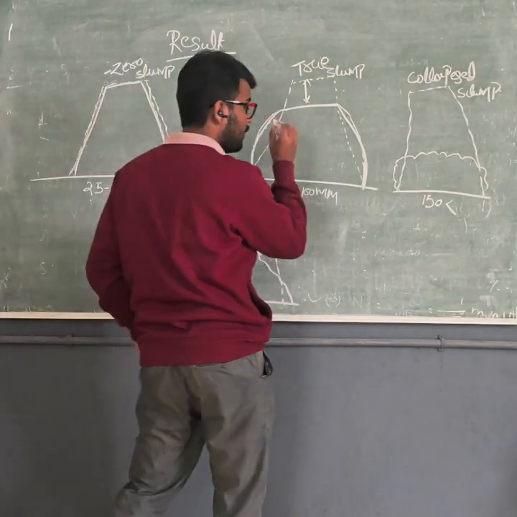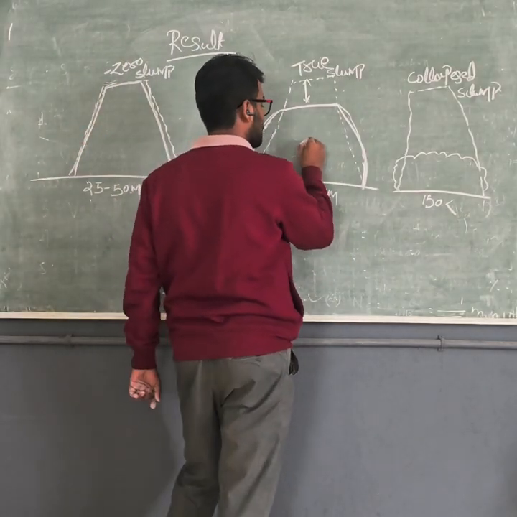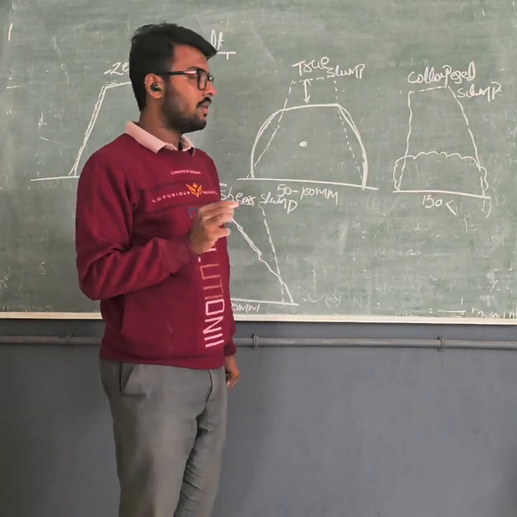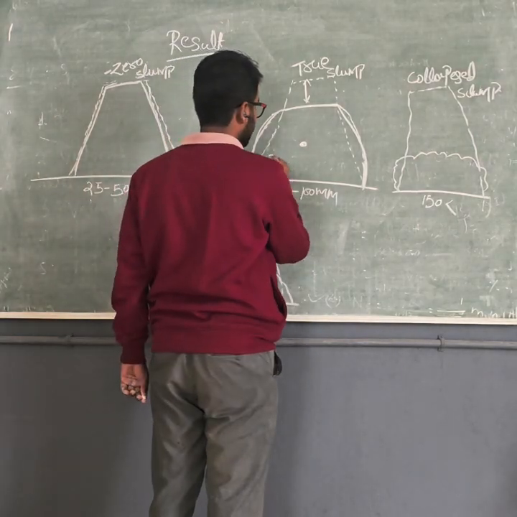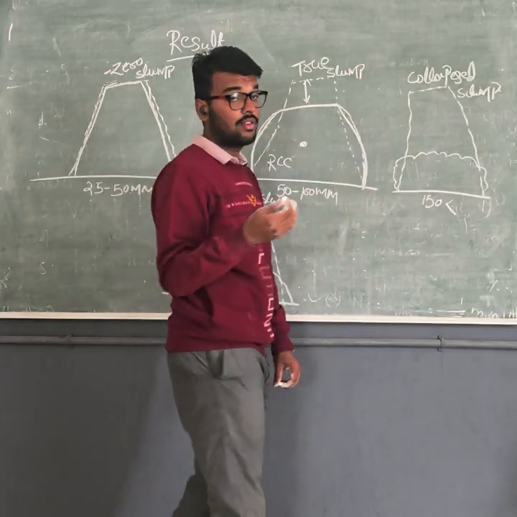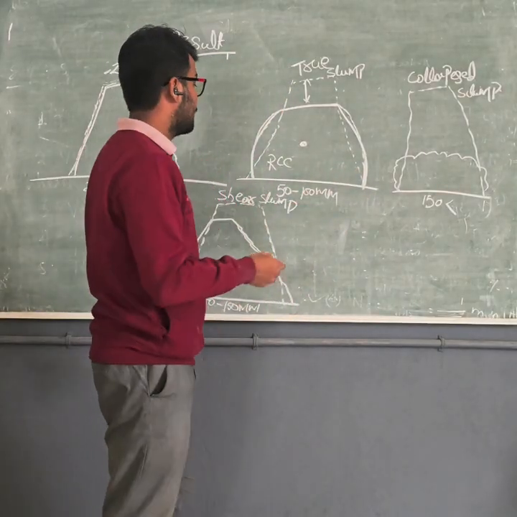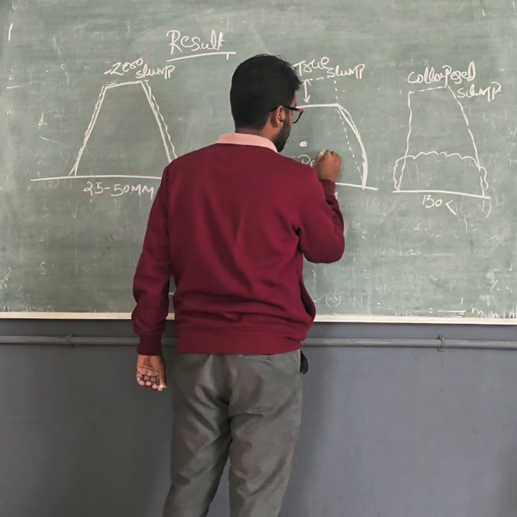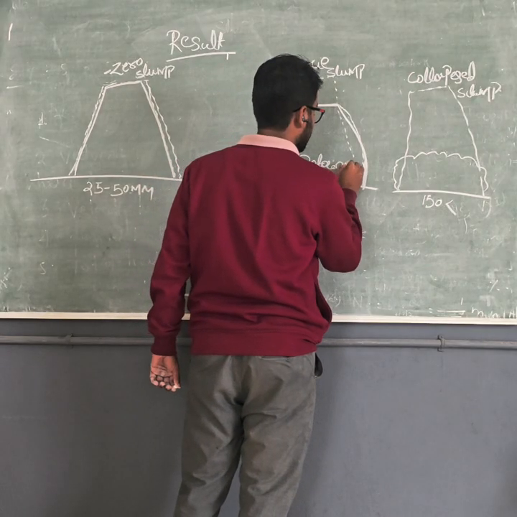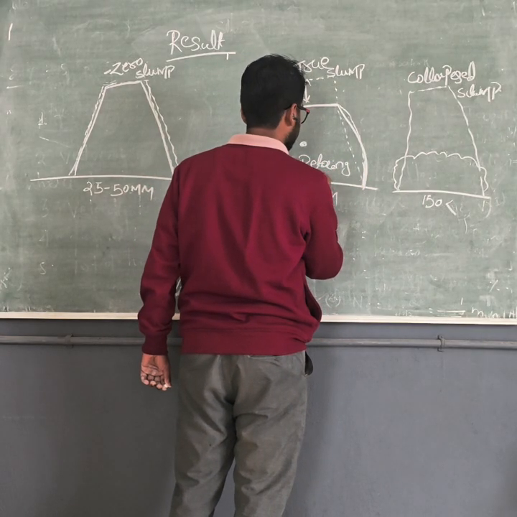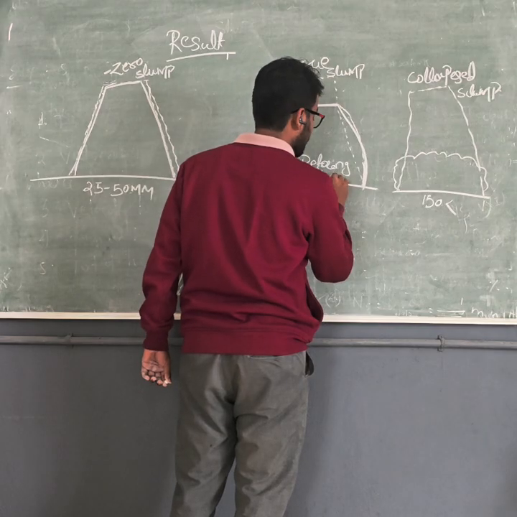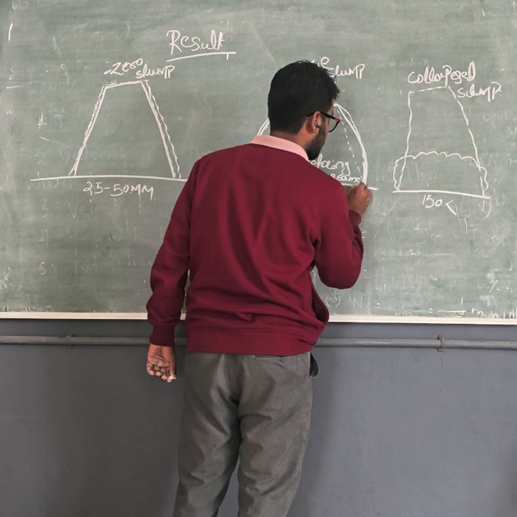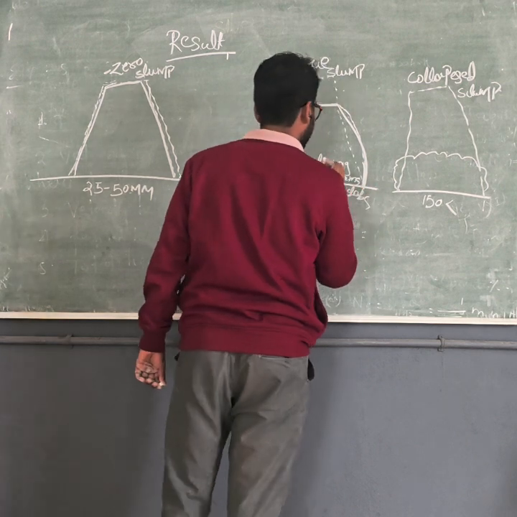Since we find the true slump as the best slump value, we use it for RCC reinforced concreting, casting retaining walls, beams and slabs. This is the use of true slump.